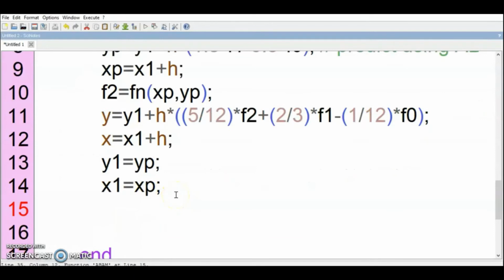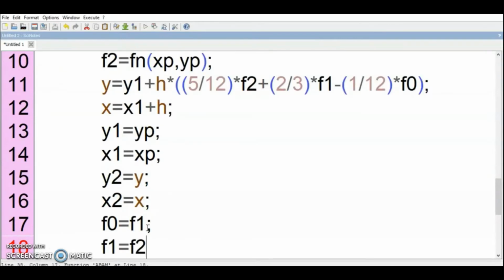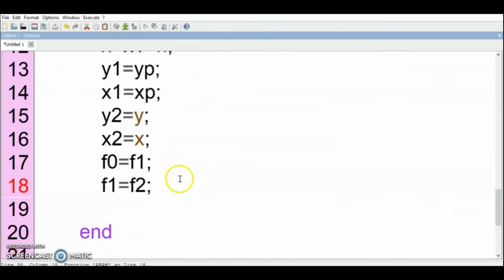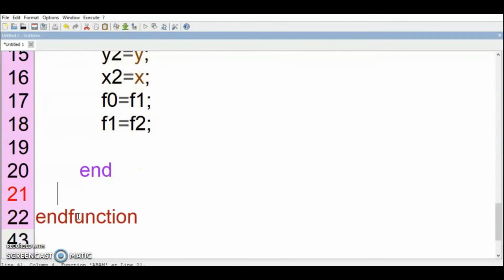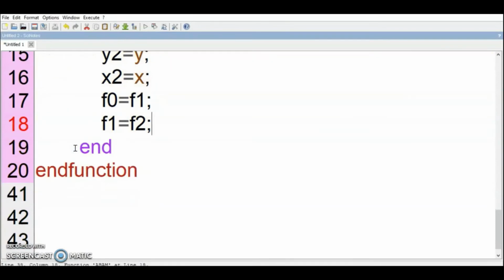Then the new y2 will be the y that I obtained from here, and the new x2 is my x here. And don't forget to update f0 to become f1, and f1 to become f2. This is everything that you need to update. So that's my Adam Bashforth Adam Moulton method.